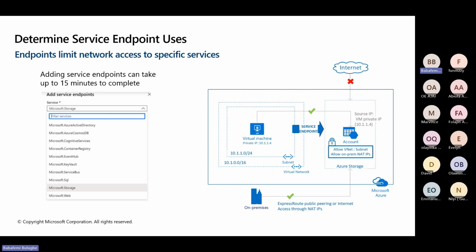So when you want to direct your connectivity just to a particular service, you can select what service you want. Like a storage account: storage accounts will not come with an IP address, and you want to direct traffic to it. So you can take advantage of what we call a service endpoint and pick it.